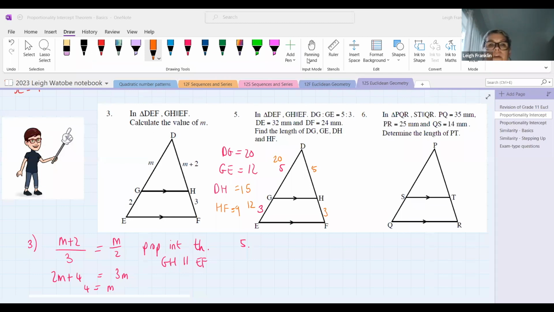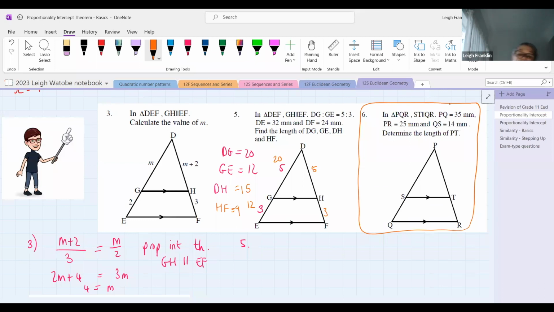All right, so we don't have an awful lot of time left. So maybe for those of us that are finished, you can try question 6 for homework, okay?